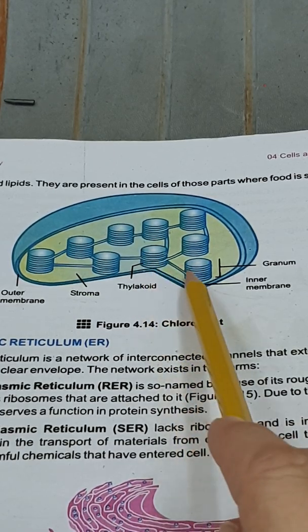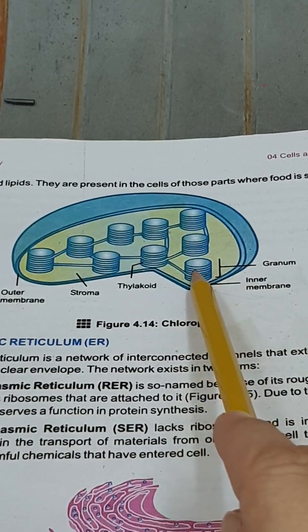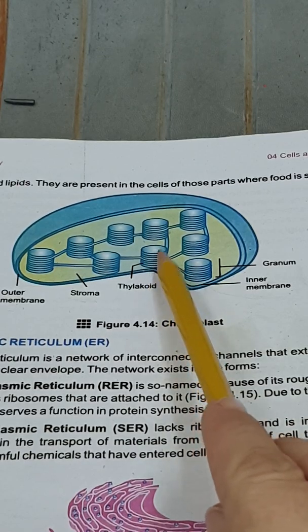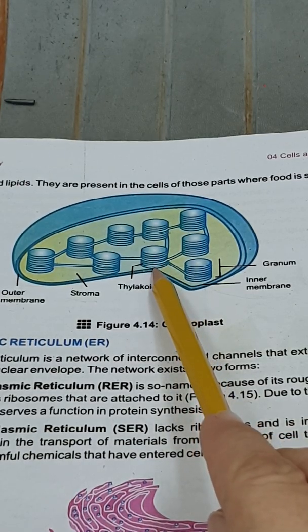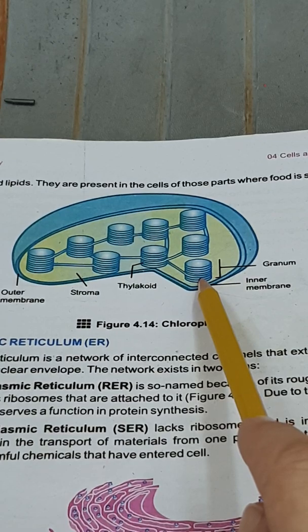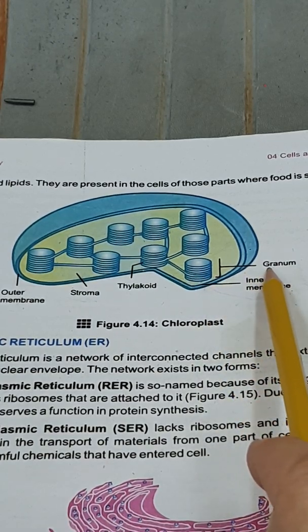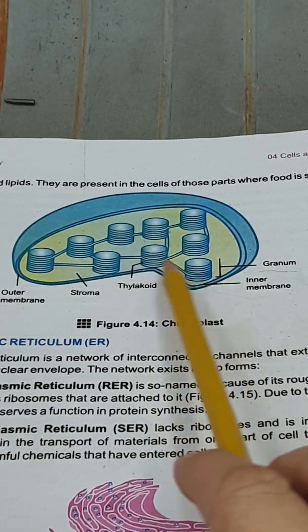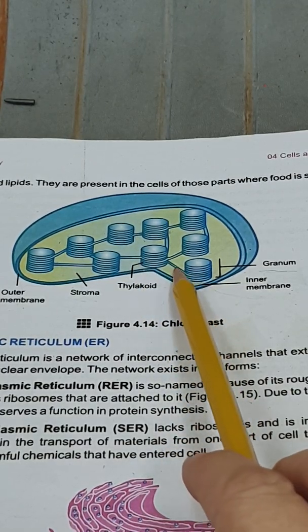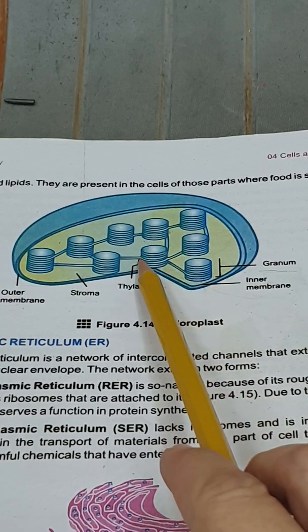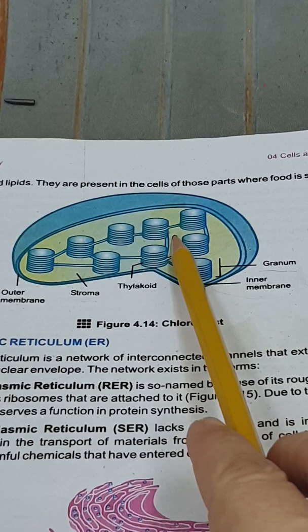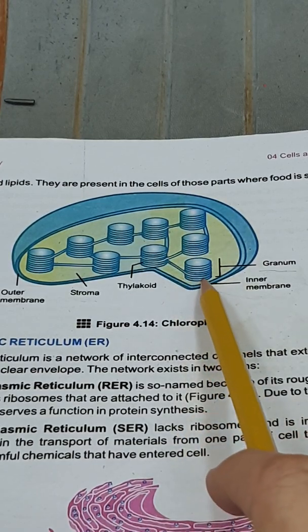One coin-like structure is a thylakoid, and when many thylakoids are stacked upon each other, this is known as a granum, or grana in the plural.